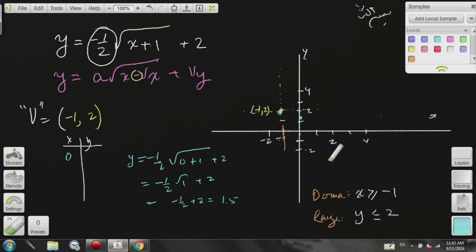When x is 3, 3 plus 1 is 4, square root is 2. So you get -1/2 square root of 4 plus 2, which is -1/2 times 2 plus 2. This is -1, so it's 1. So x is 3 is going to be over here. So the graph is going to look like this. Follow?